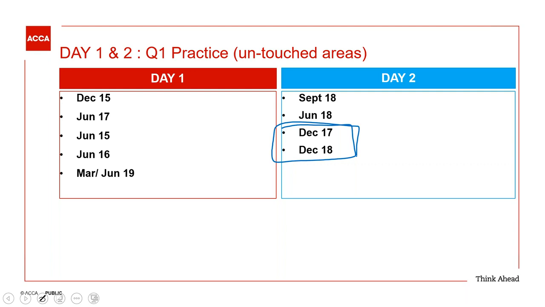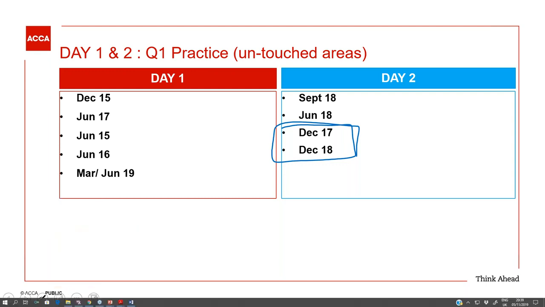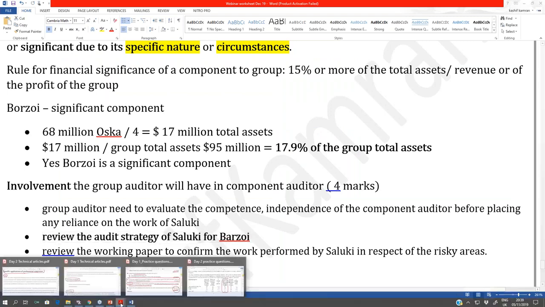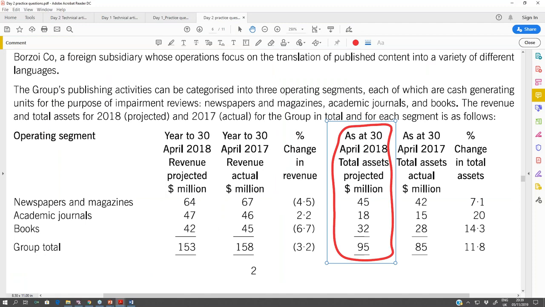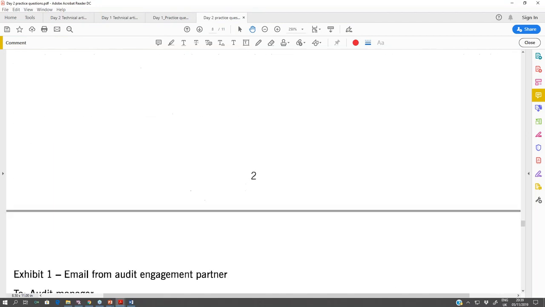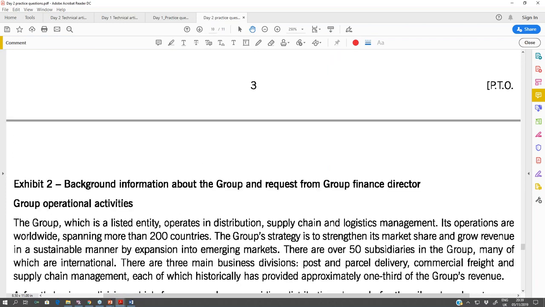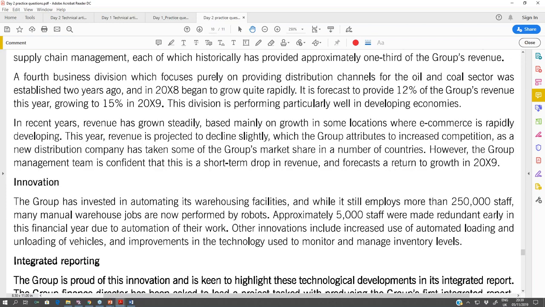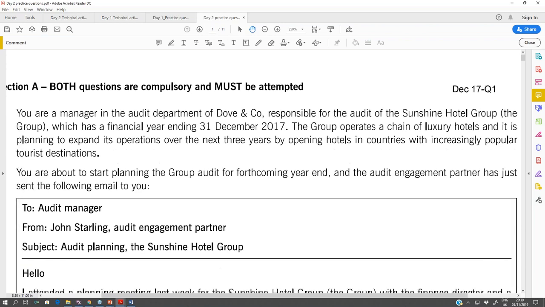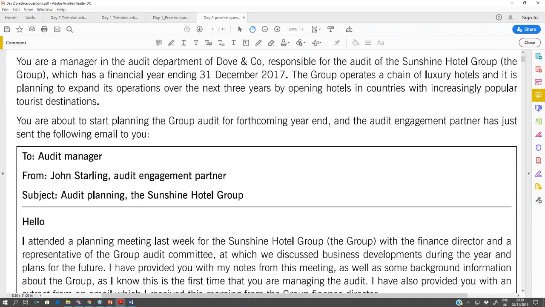So let's first explore what's in December 17, question number 1. Let's see what's inside this question.